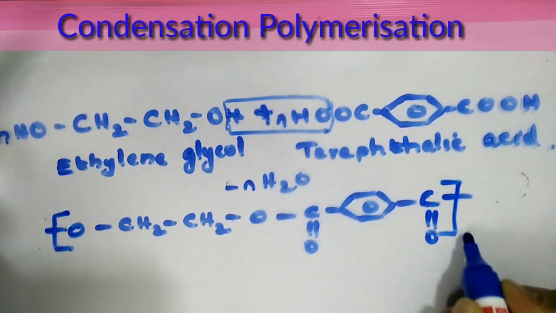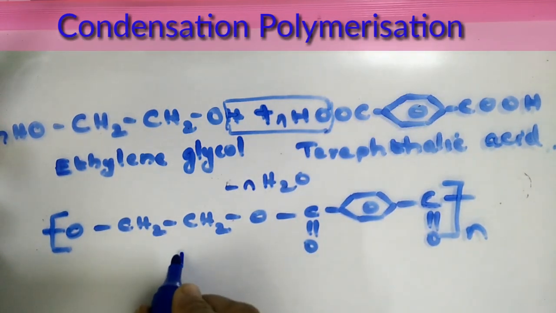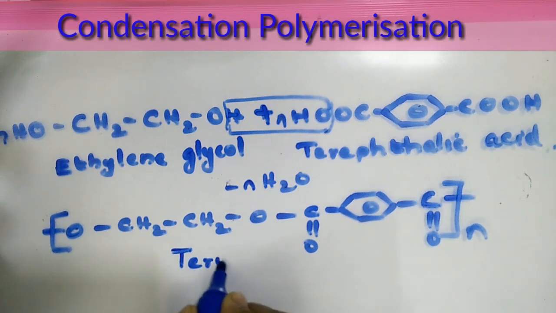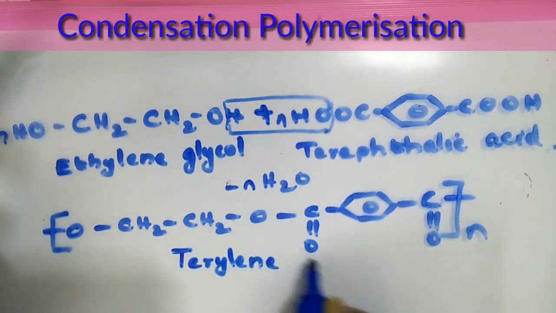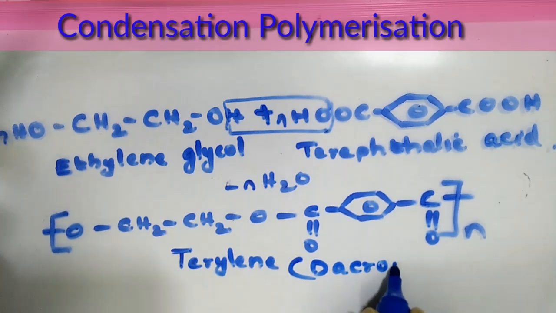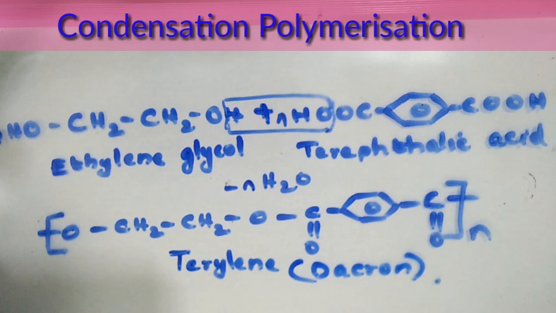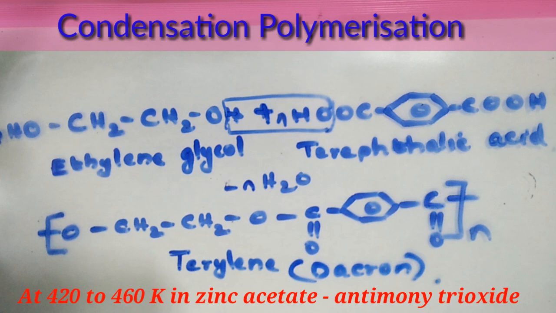This is the repeating unit, and this polymer is called terylene, otherwise called dacron. Okay, clear? The reaction condition is 420 to 460 Kelvin in the presence of zinc acetate antimony trioxide catalyst.